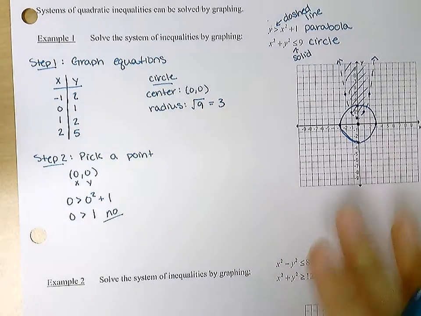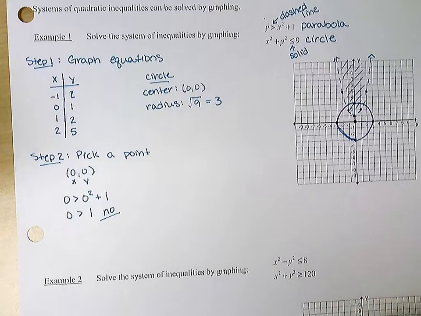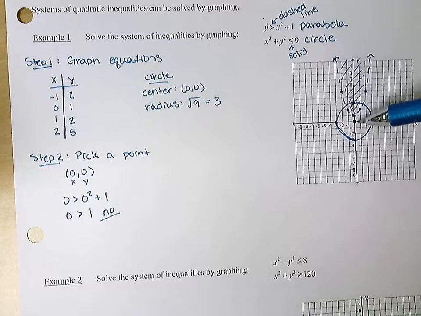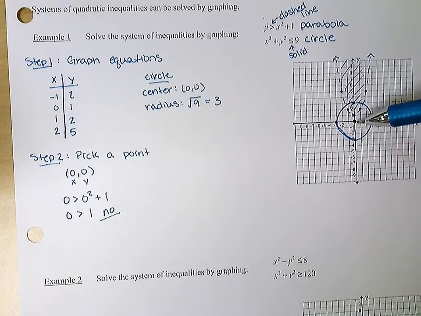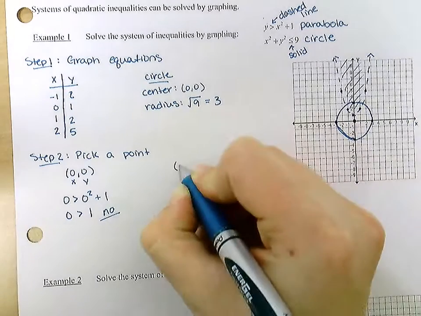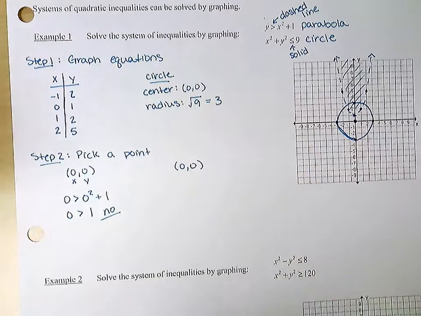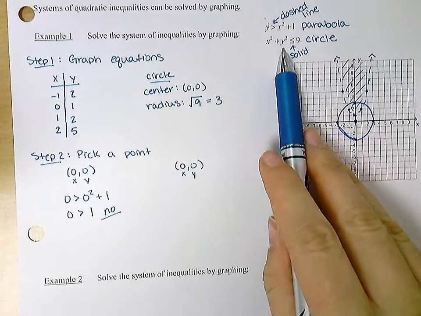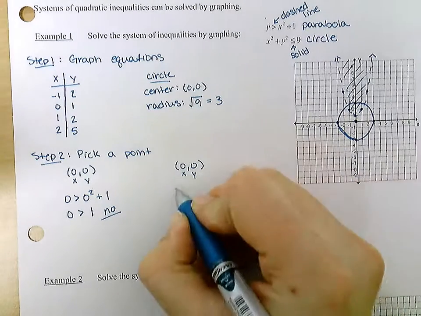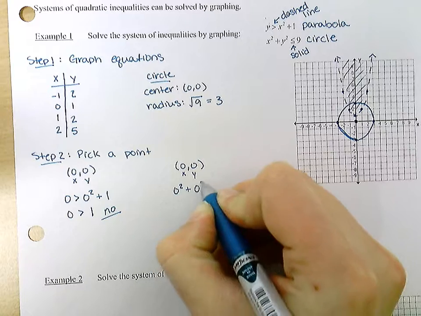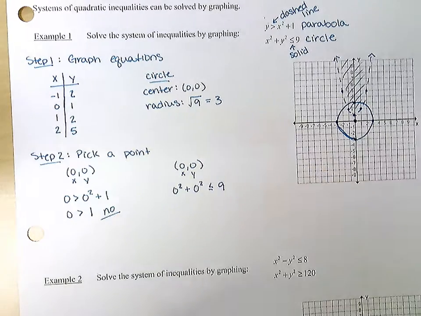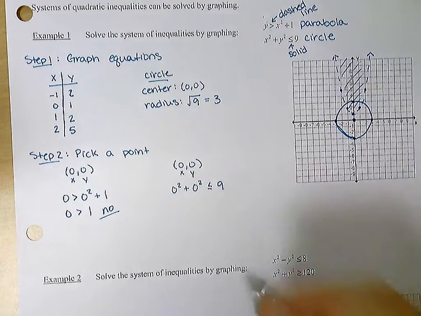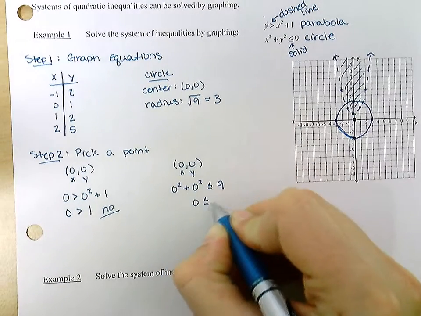Next I want to do the same thing with the circle. Your circle goes around 0, 0, so you can plug in 0, 0 as a point again. We'll plug those in for x and y in that second equation. So 0 squared plus 0 squared is less than or equal to 9. So we have 0 is less than or equal to 9.